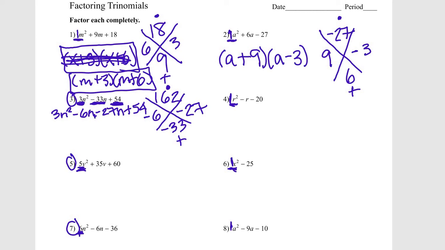That way I can group these together and then factor out the common factor. So 3n goes into both of these, so I'm going to factor out a 3n. If I factor out a 3n, I'm left with n. Let's see, 6 divided by 3 is 2, so n minus 2.